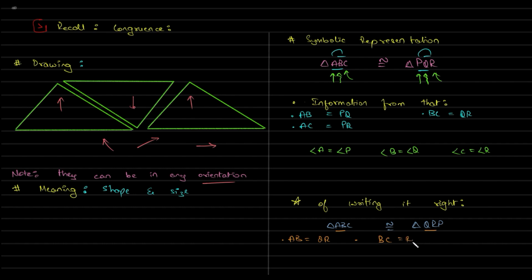BC is equal to RP and AC is equal to QP. And angle A is equal to angle Q, angle B is equal to angle R, angle C is equal to angle P. So this is the set of information that you can derive from this particular representation.